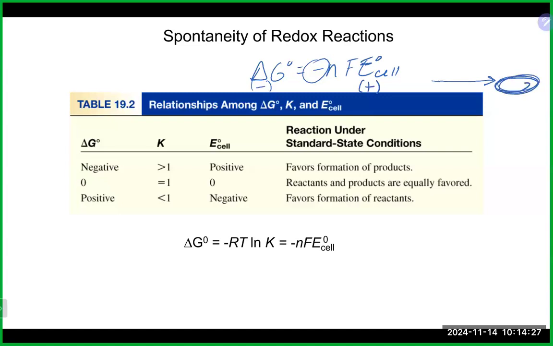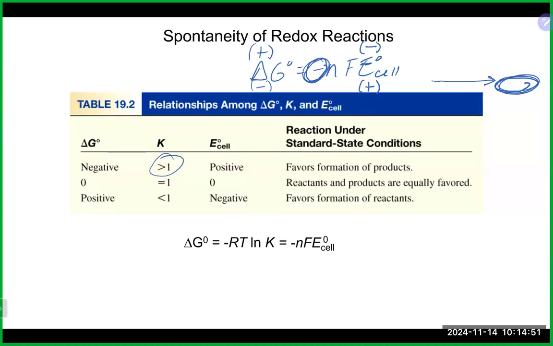And that would result in a K value that's greater than 1, or a large K value, because you'll have more products than reactants at that point. The opposite is true. If you end up with a negative cell voltage, that negative plus the negative right here will turn your delta G into a positive number. And that would mean that the reaction would be non-spontaneous the way it's written.